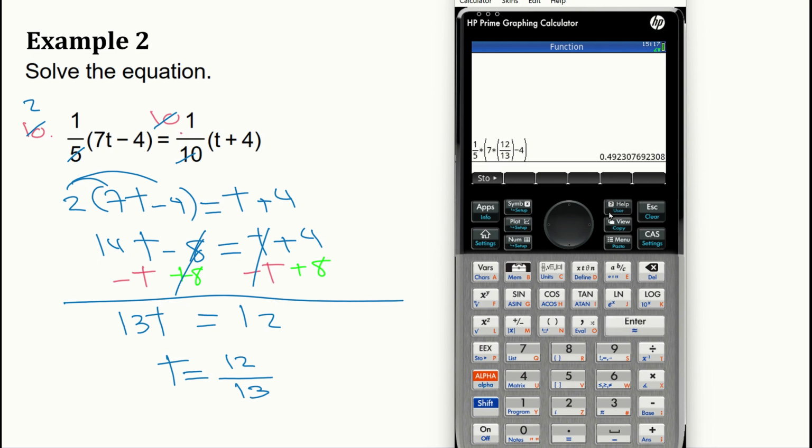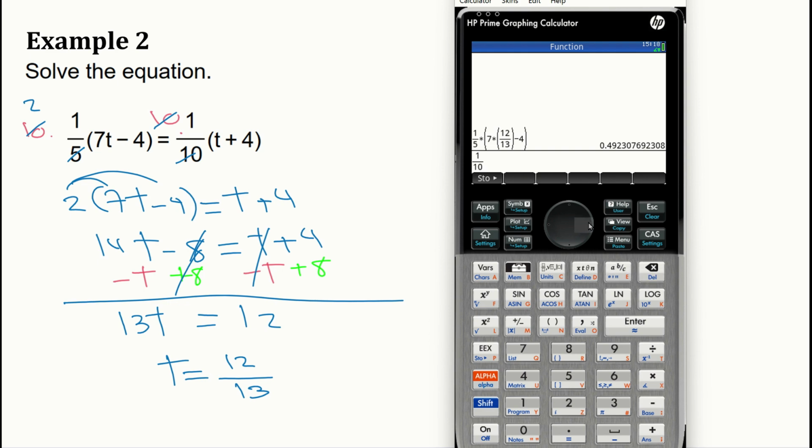And once we hit enter, we get this number on the left side that we see displayed on the screen. So now we'll do the same thing with the right side. Remember the original equation. So 1 over 10, and oops, we need to get out of the parentheses first.